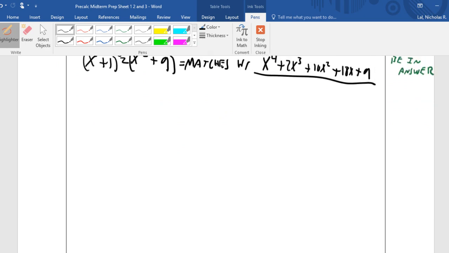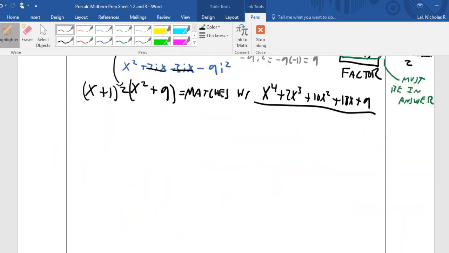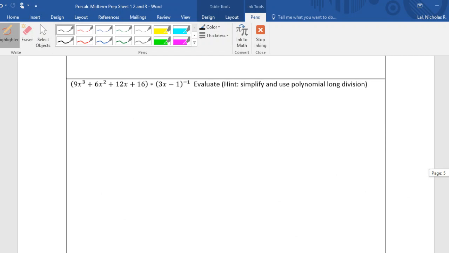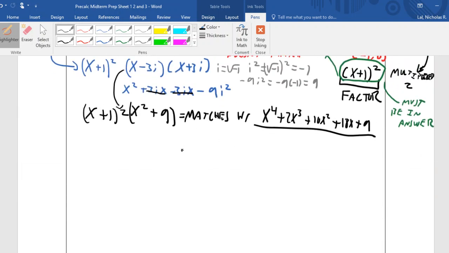So if we want to do x to the 4th plus 2x cubed plus 10x squared plus 18x plus 9. Because x plus 1 squared is a factor, that's a factor, right?